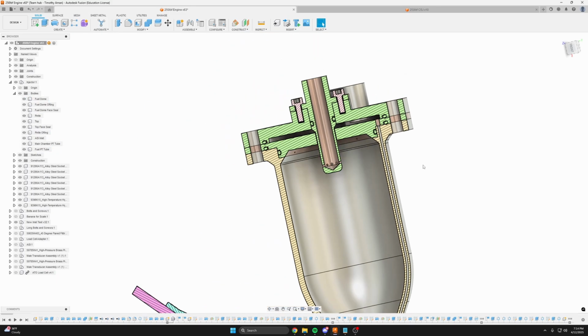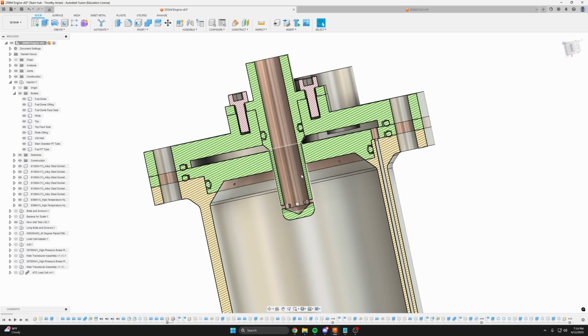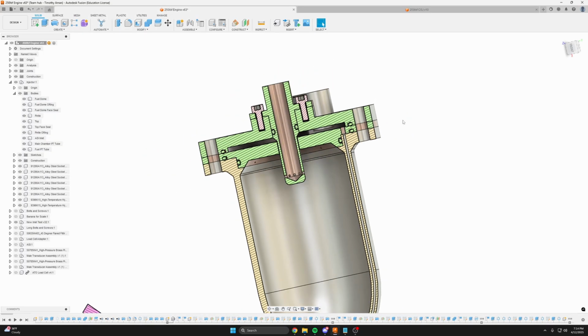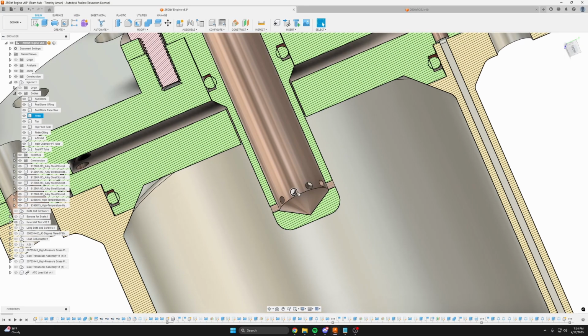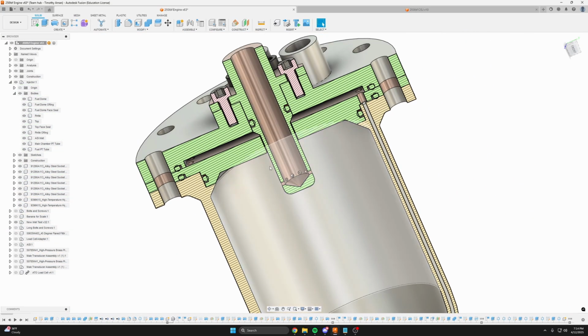This does mean, however, that since our fuel is ethanol and our oxidizer is nitrous oxide, the mass flow rate of your oxidizer is almost always going to be higher than the mass flow rate of your fuel.